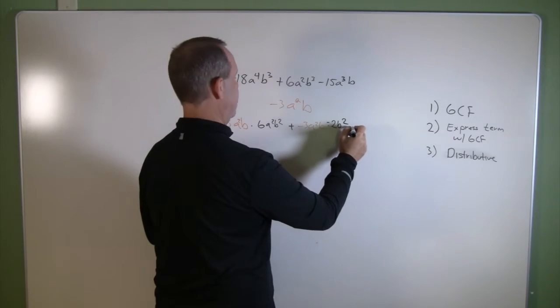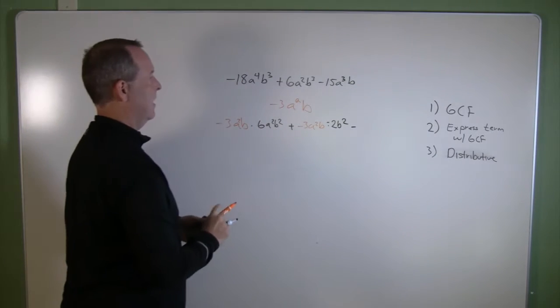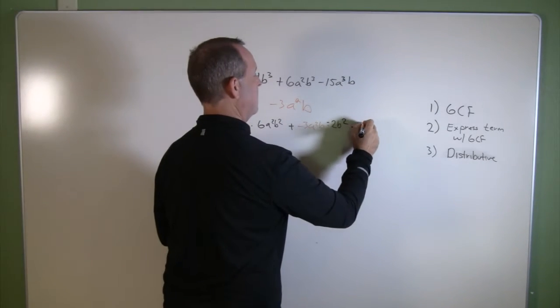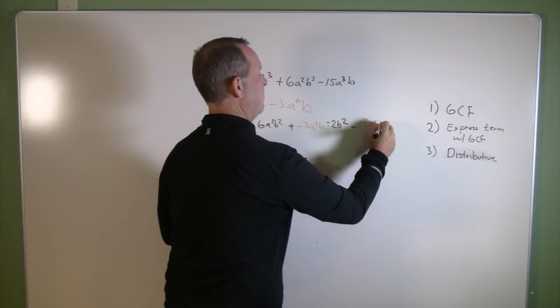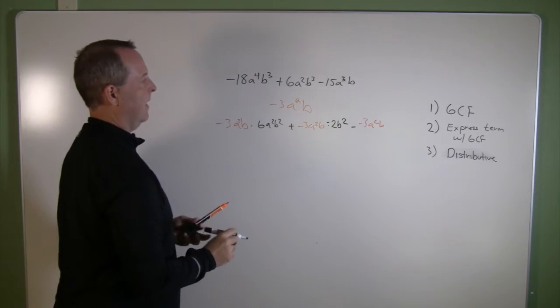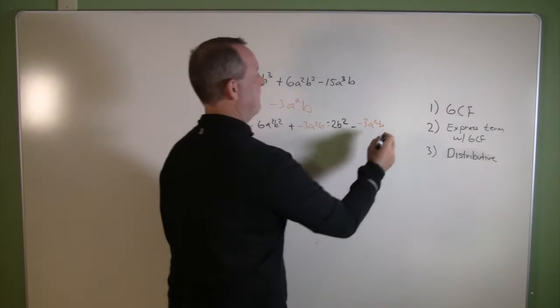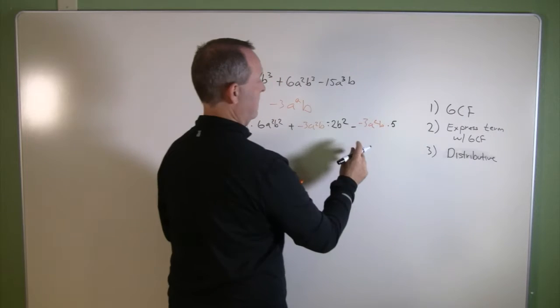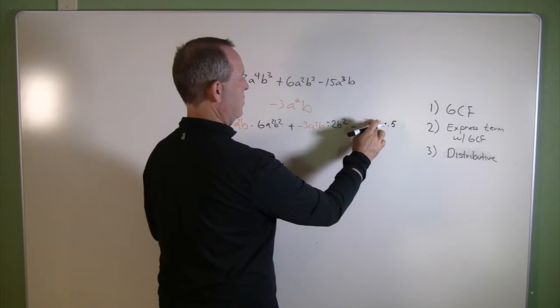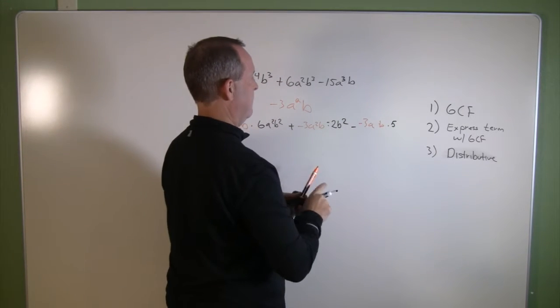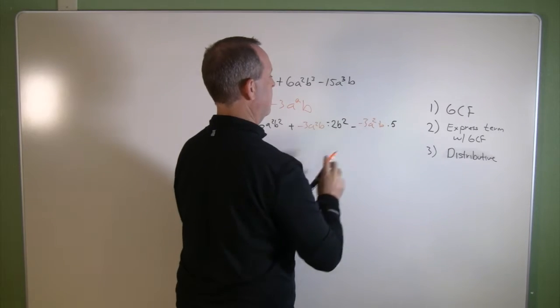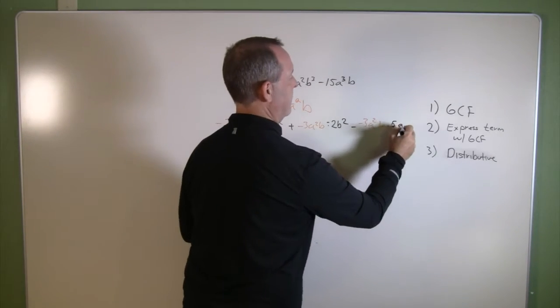And then at the end of the game here, I have a minus, pull out a negative 3a squared b, and then I'm left with a 5. That was a squared. I lost my square there. And it looks like I'm left with a 5a.